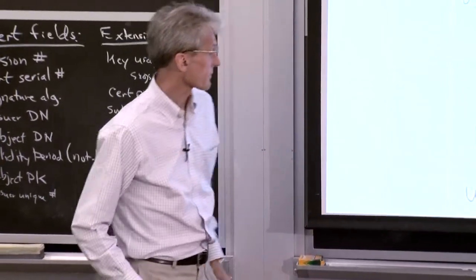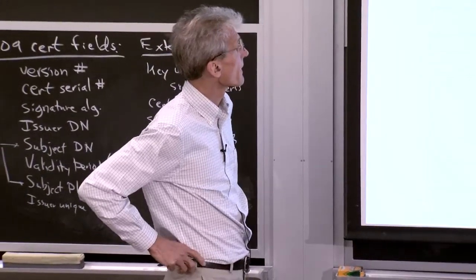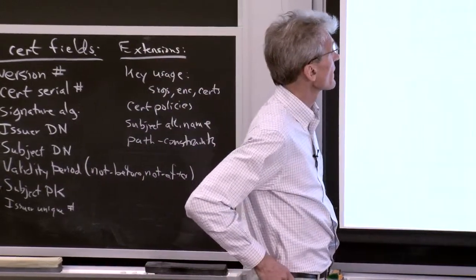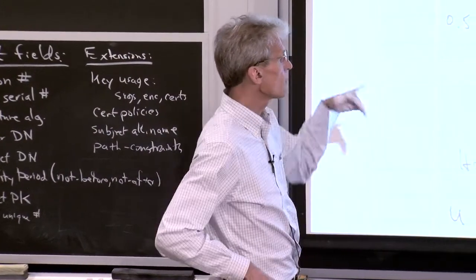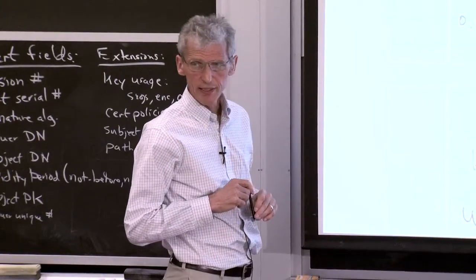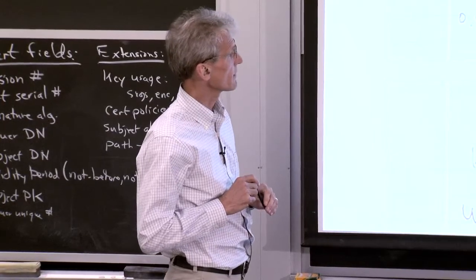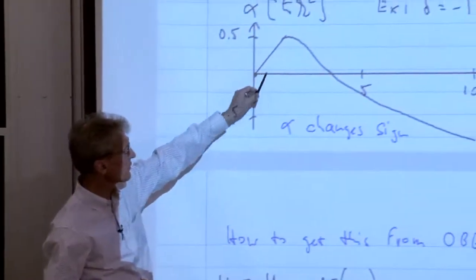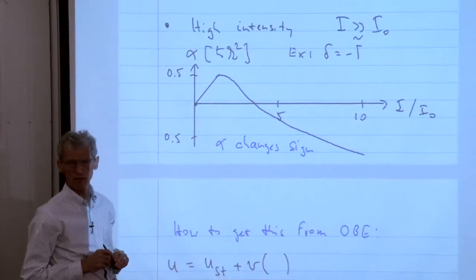Now, let me give you an outlook for what we will be doing next week. Next week, we want to understand the following. What happens to the friction coefficient when we increase the power?